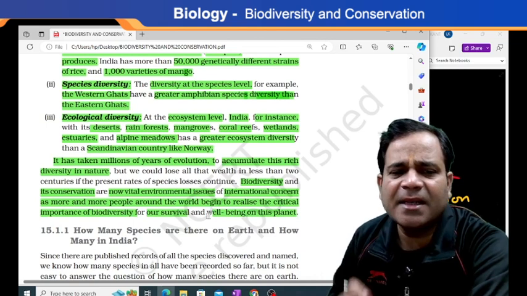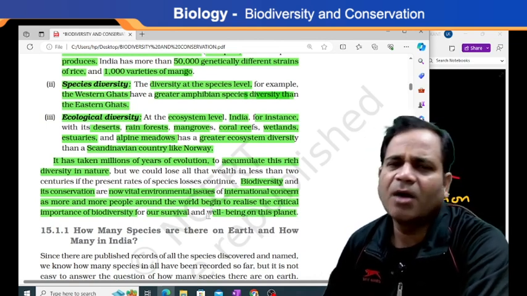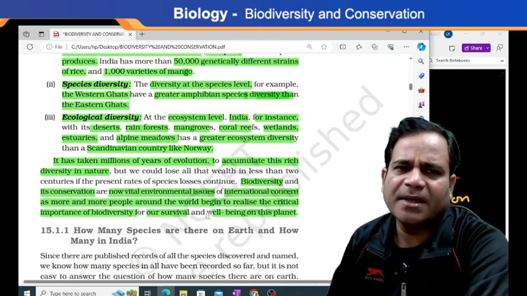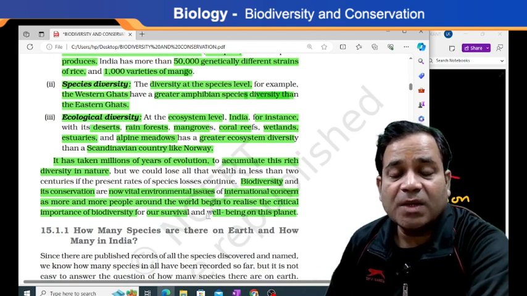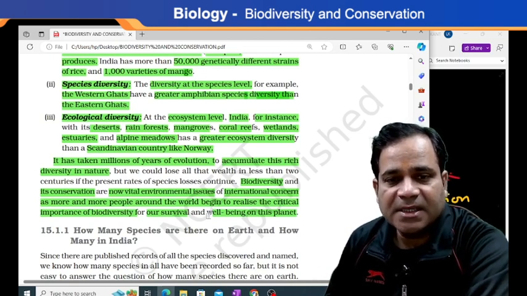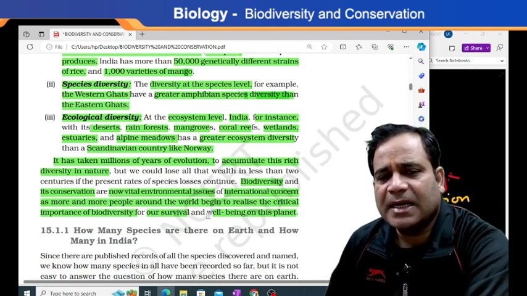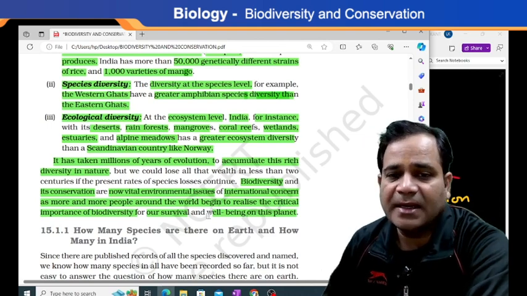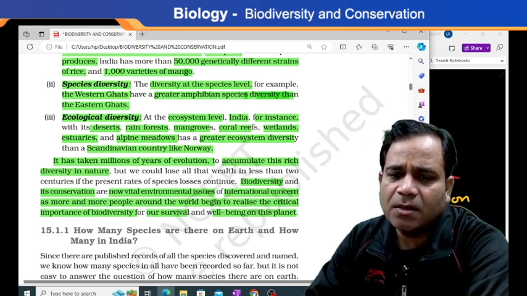Let's see how important this is and how we should conserve biodiversity. How many species are there on the earth and how many in India? This is the question.